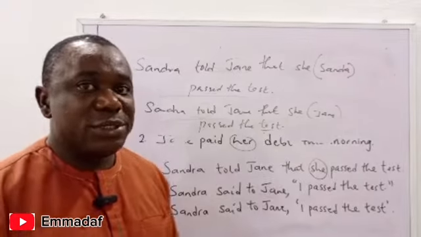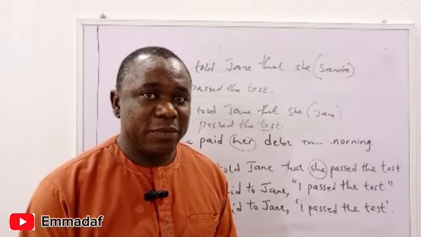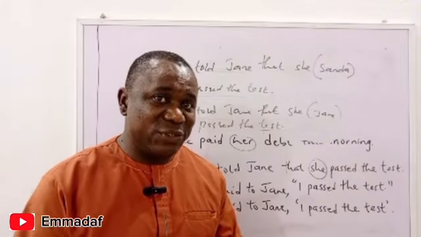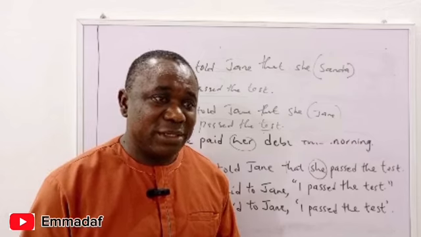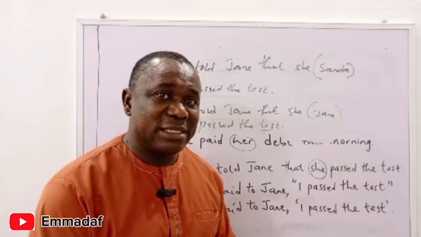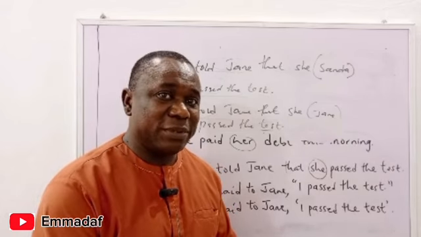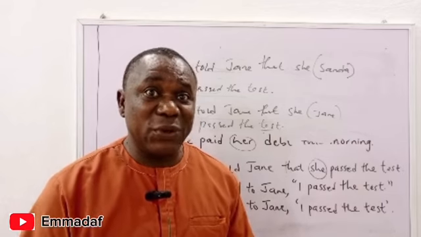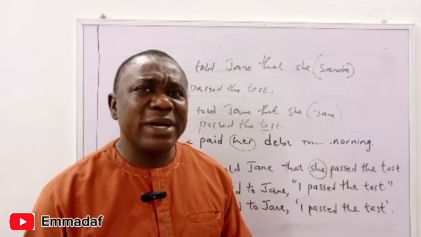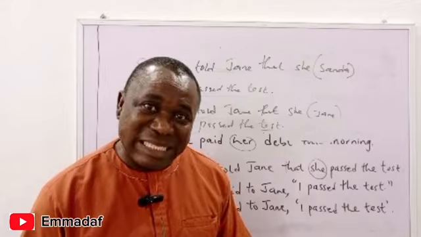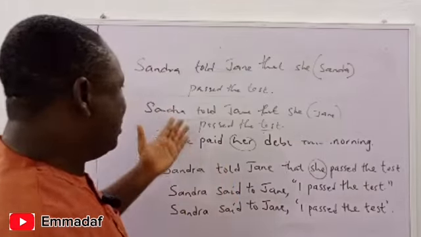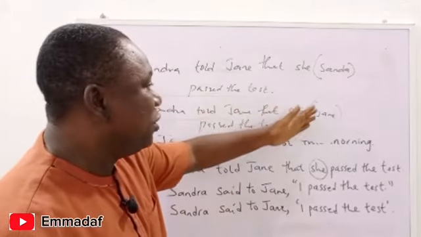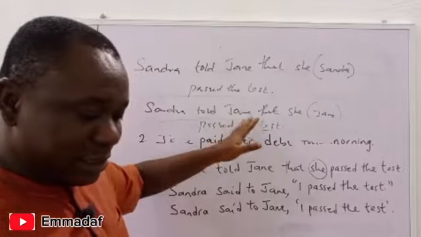So if it was Jane that passed the test, let's assume they are classmates. Jane was not in class, and Sandra picked up the scripts from the class rep, saw Jane's score, and then calls Jane and said, congratulations, Jane, you passed the test. It will read like this: Sandra told Jane that Jane passed the test.